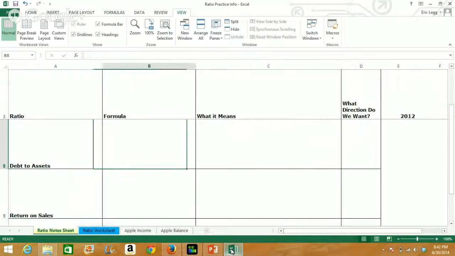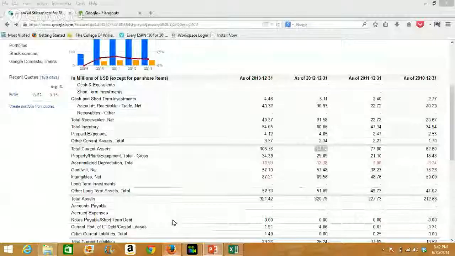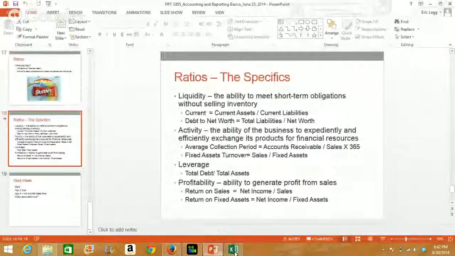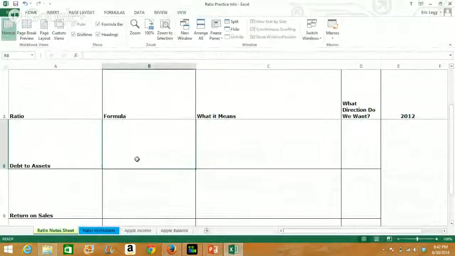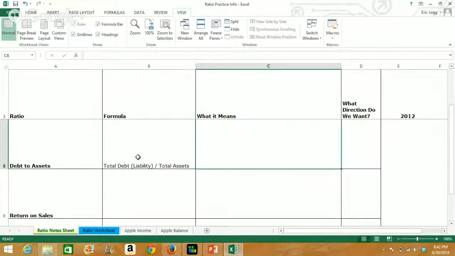Okay. Our next ratio is debt to assets. This is also called a leverage ratio. I'm sorry, I'm clicking around too much. Okay. This is total debt or liabilities, same term, divided by total assets.